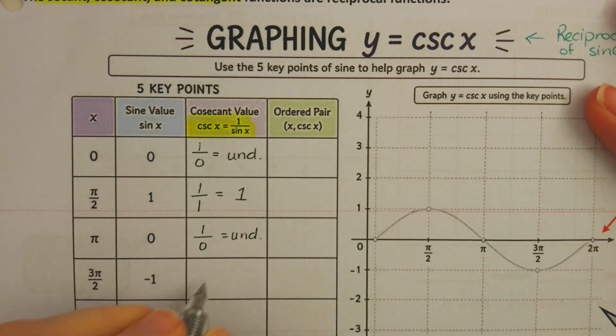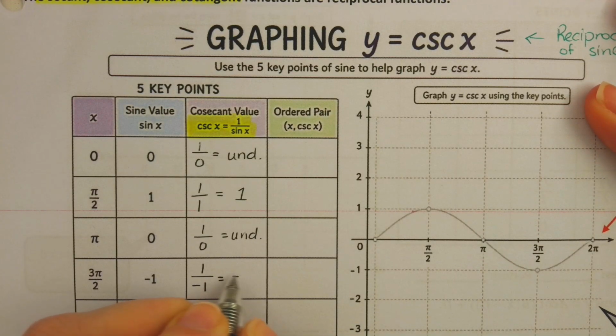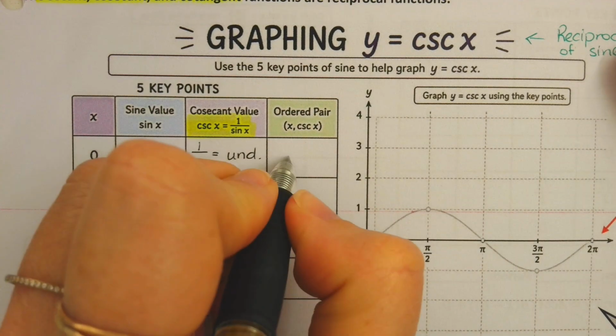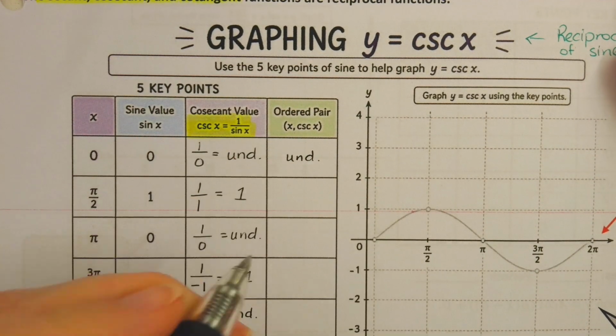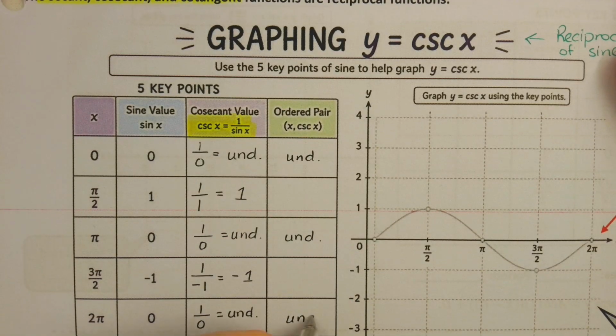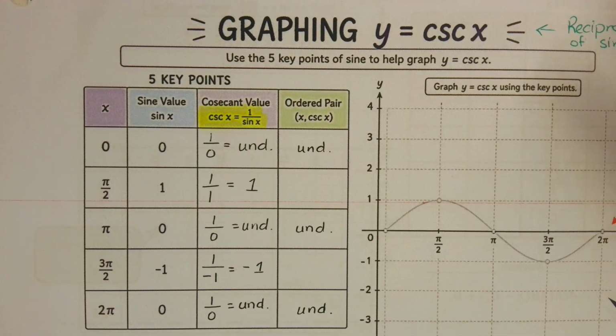For the fourth one, 1 over the sine value of -1 would be -1. And then for the last one, another undefined. So we actually have 3 places where we got an undefined. What shows up there when you have an undefined? An asymptote. Yes, it's going to be an asymptote.